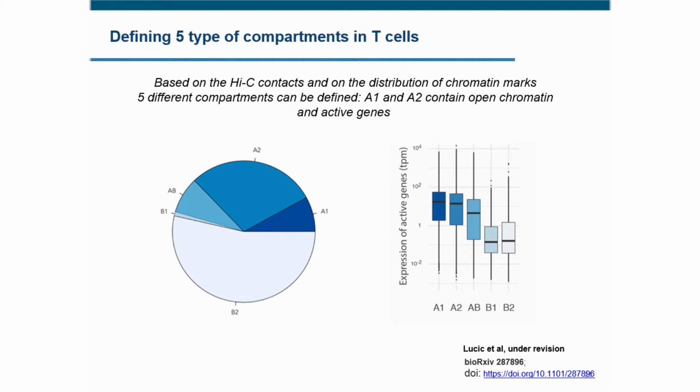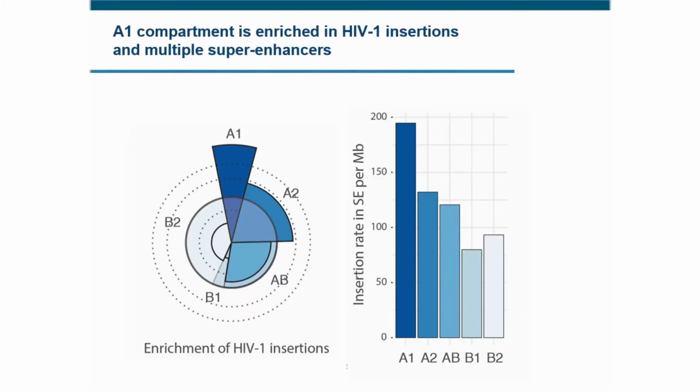HIV integrates preferentially in these positive compartments, but it integrates much more efficiently in the A1 compartment than in A2. So these are both compartments of active genes, but it goes more into A1 because this compartment has more genes with super enhancers.